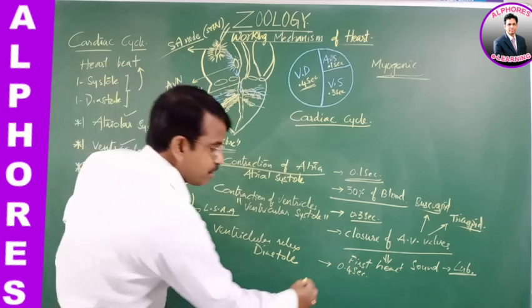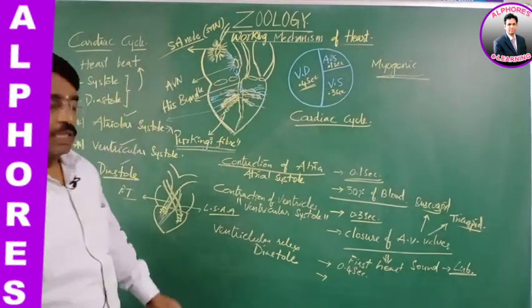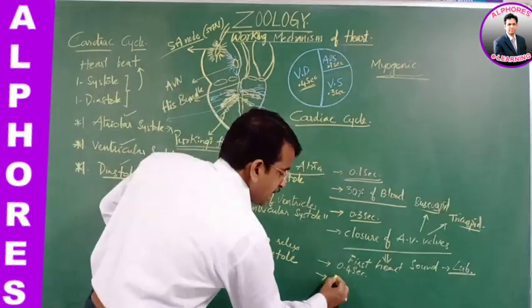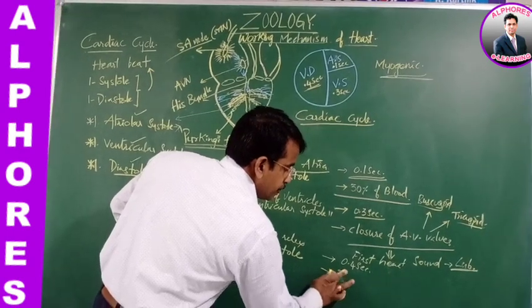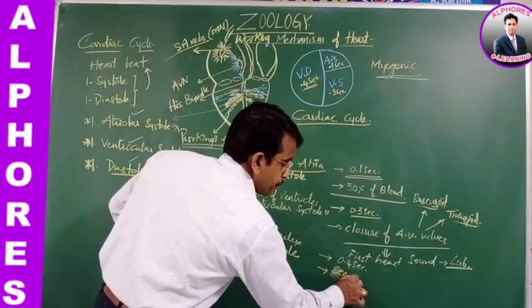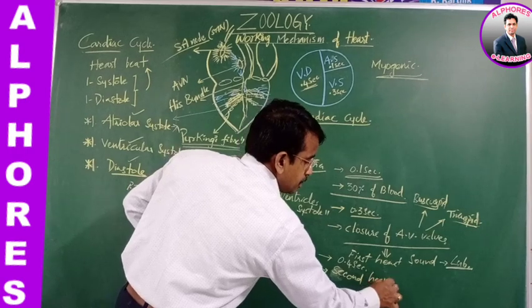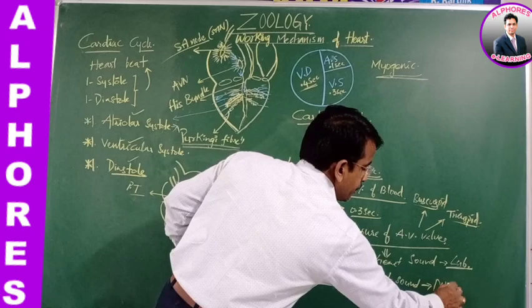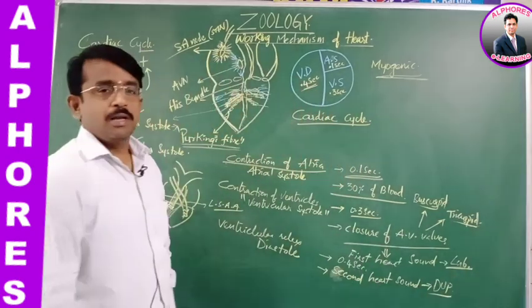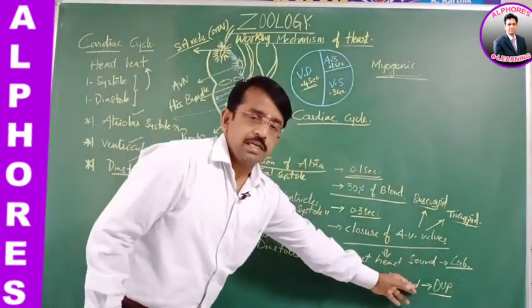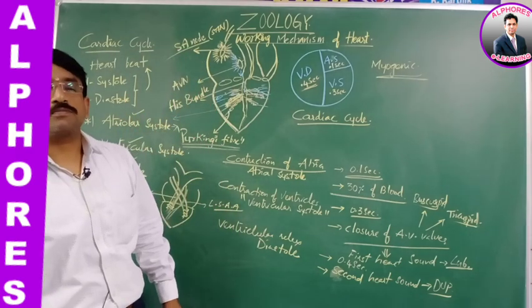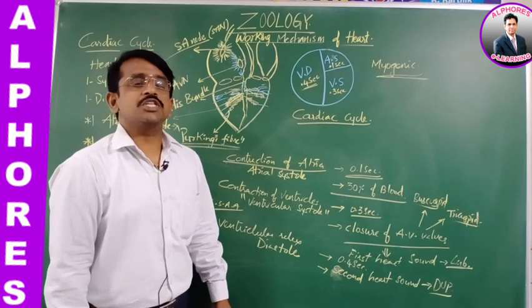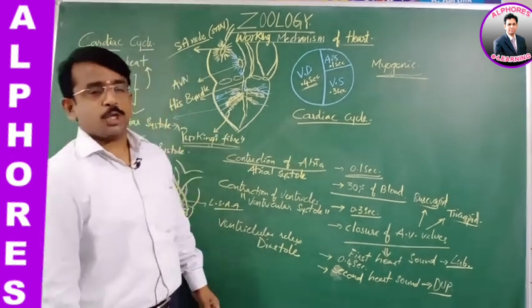So this closure of the semilunar valves produces the second heart sound, which is referred to as the dup. Dup is the second heart sound, and it is for a short period, with a high pitch.